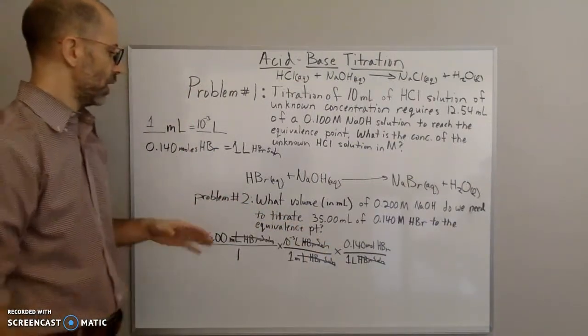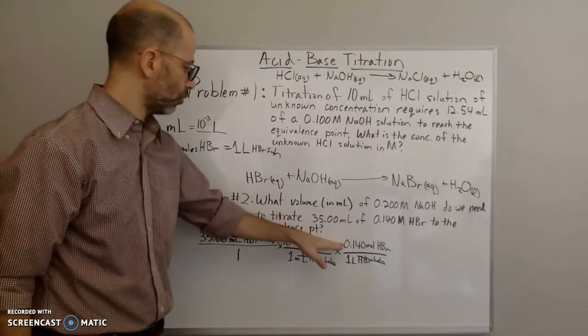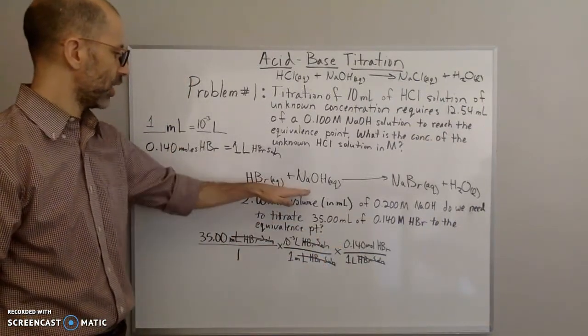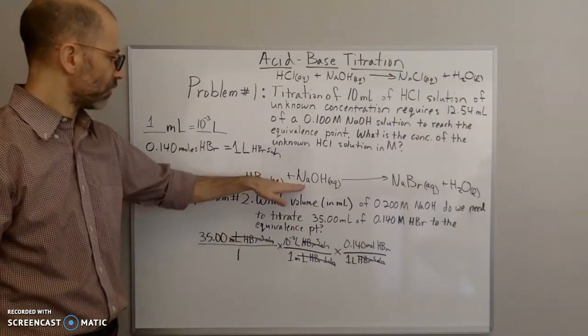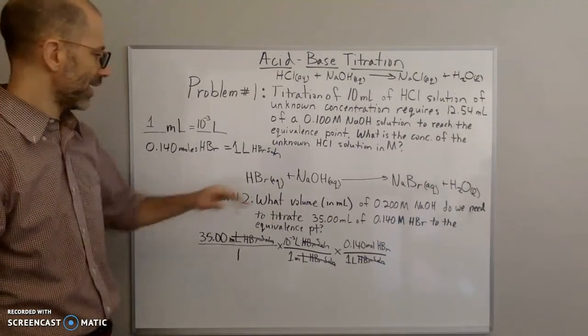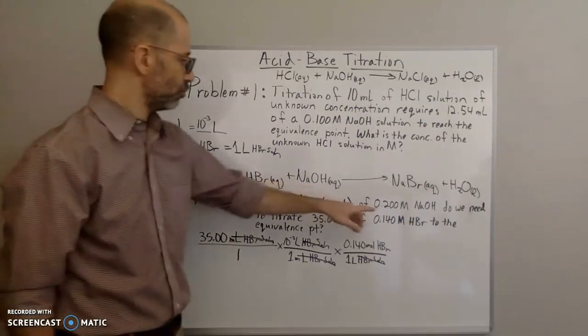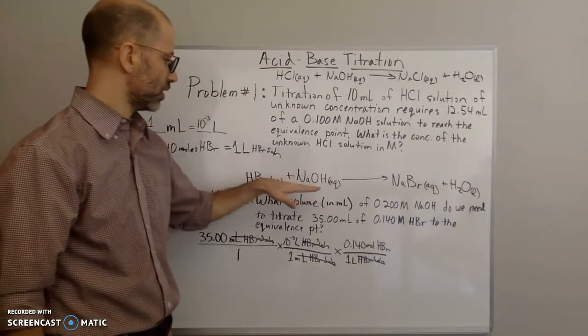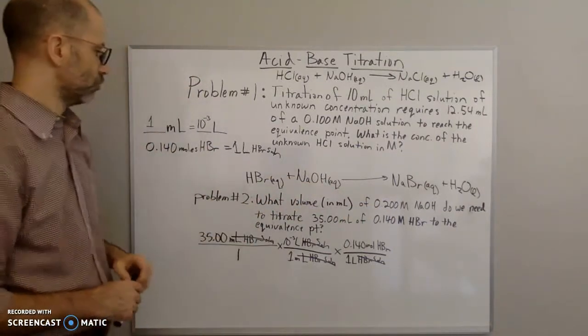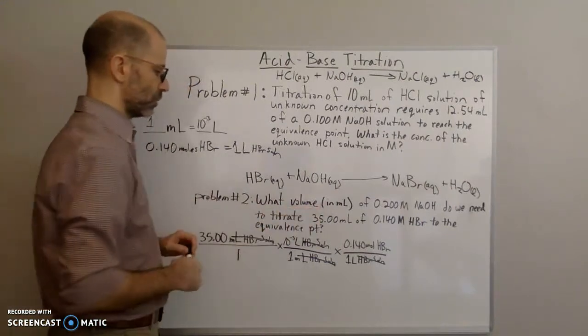Okay, so now I can go from moles of HBr to moles of my NaOH. If I get moles of NaOH, then I can use the molarity of the NaOH to convert moles to volume, which is what they want. They want a volume in milliliters.